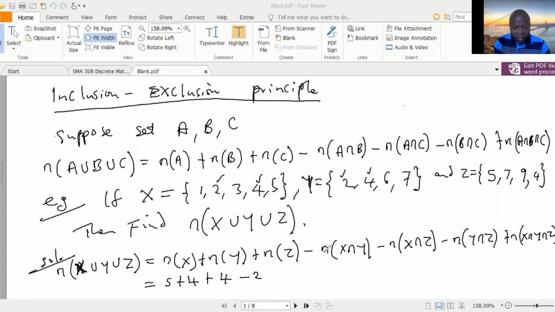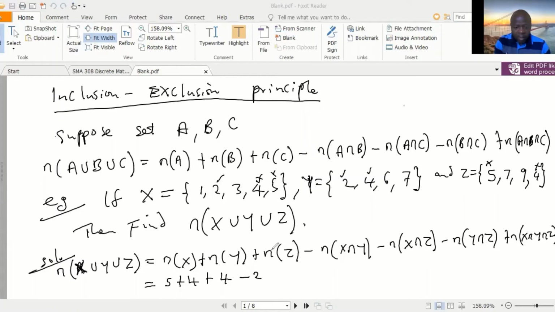What about the elements in X and Z? I can see this 4 in both, and I can see this 5 in both. Any other element? 3 is not there, 1 is not there.